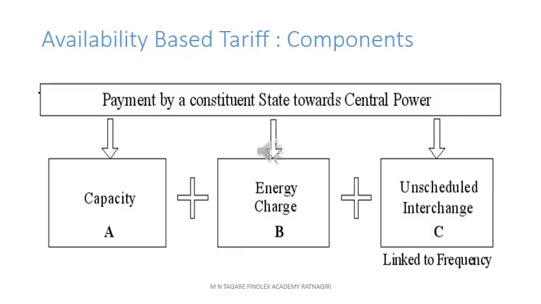So everybody is compelled to stay within the limit. Whatever I have agreed, I have to maintain that band. And if you surpass that band, obviously you have to pay either a penalty or you will get some incentive. So this is the basic idea behind the components of availability based tariff. Exactly, we'll understand in the next slide.